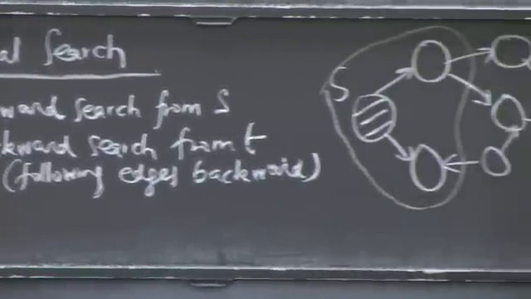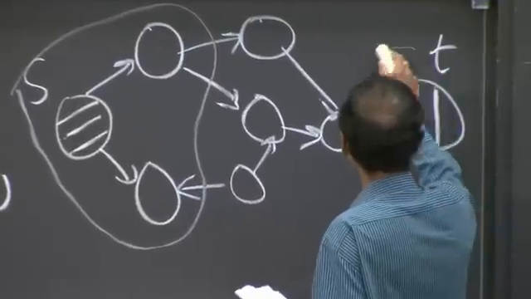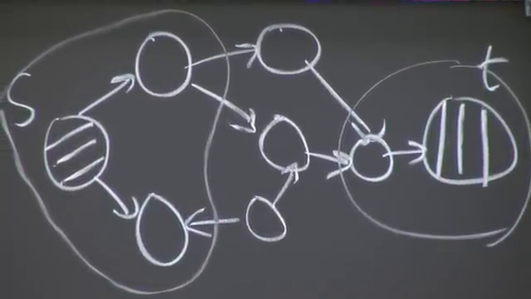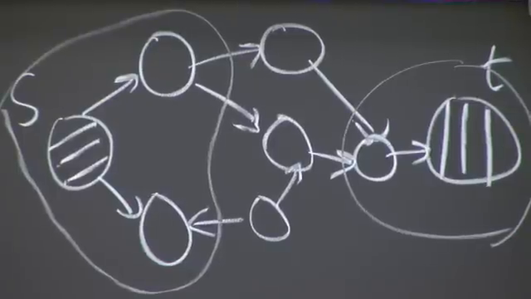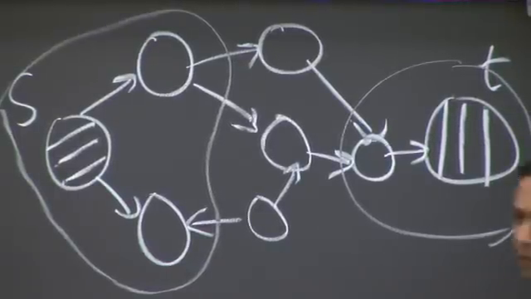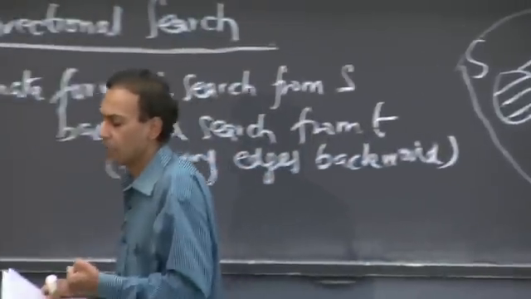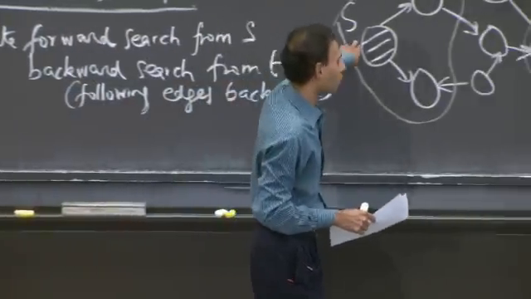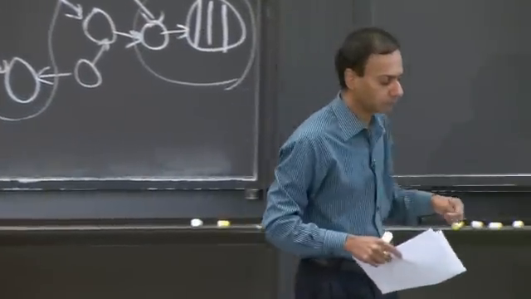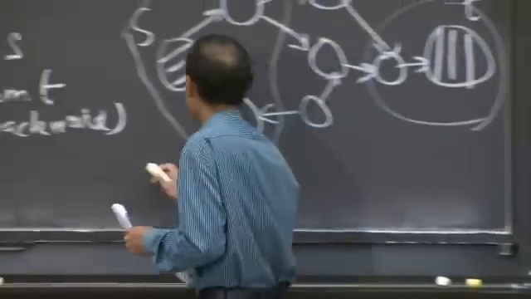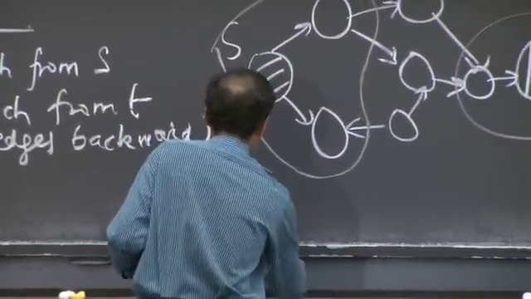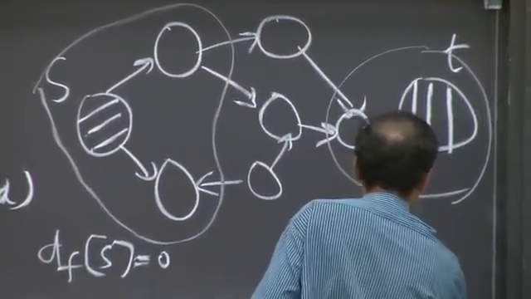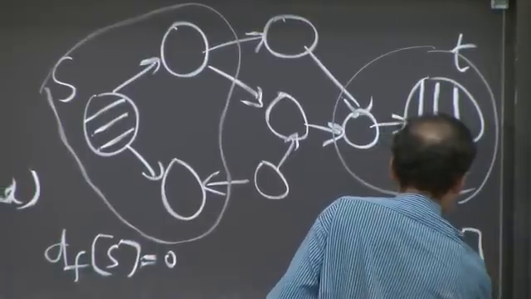But what would happen here simply is that in your first frontier of backward search, T is now the minimum priority. So we're going to have two priorities. For S in the forward search, it's straightforward: D of S equals 0, and we should think of it as D_F of S equals 0, and we have D_B of T equals 0.